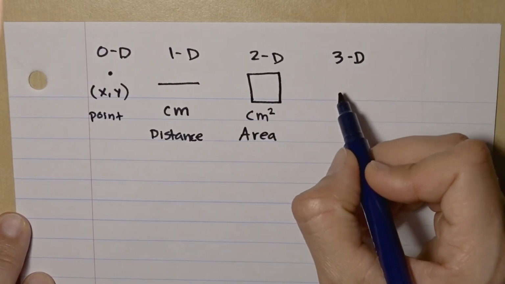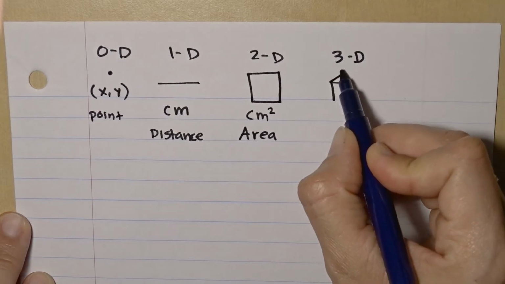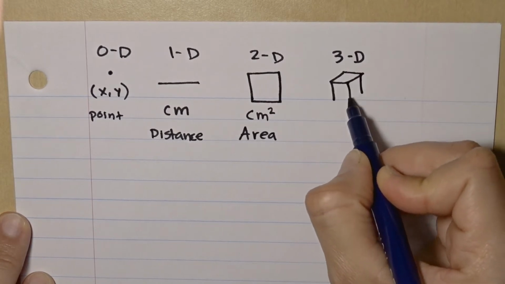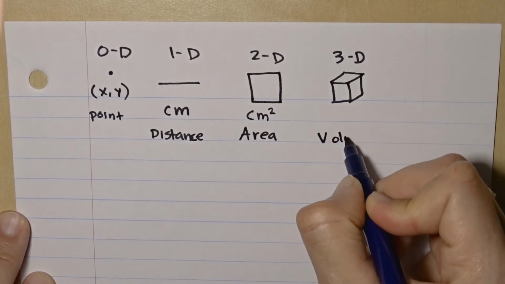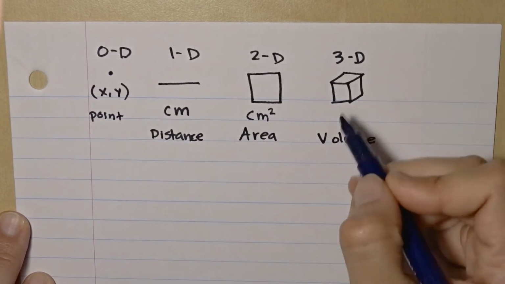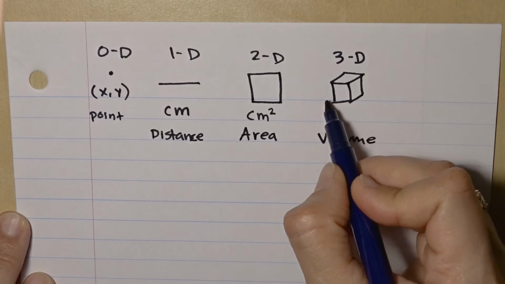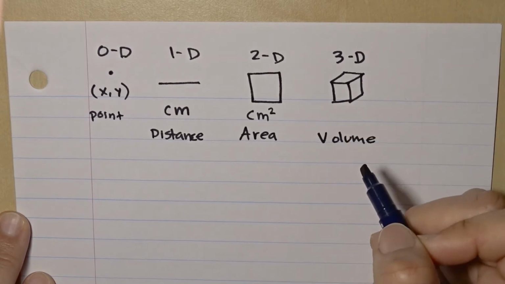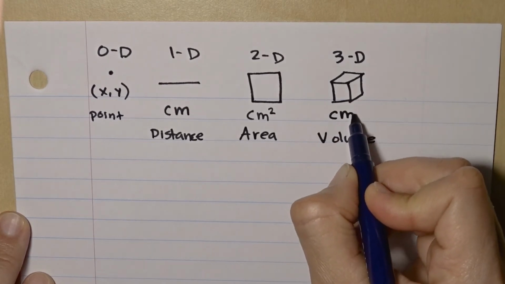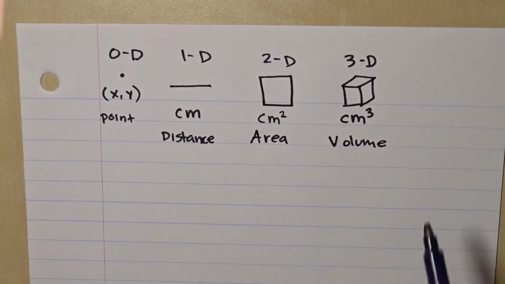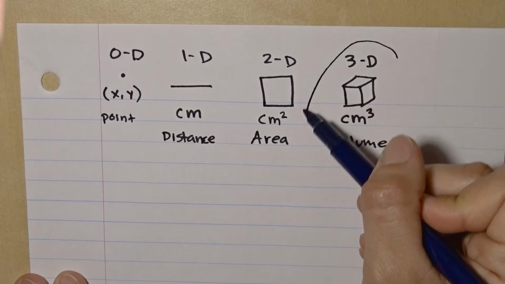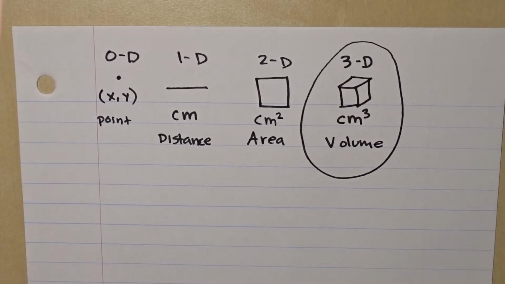And then if we were measuring something that looks 3-dimensional, like a box, and you can fill it up, that's called volume. Volume is how much something fills up. And because you have a length, a width, and a height, that's 3 dimensions. So we're going to say centimeters cubed. All right? So in this particular unit or section, we're going to be looking at this particular type of measurement.